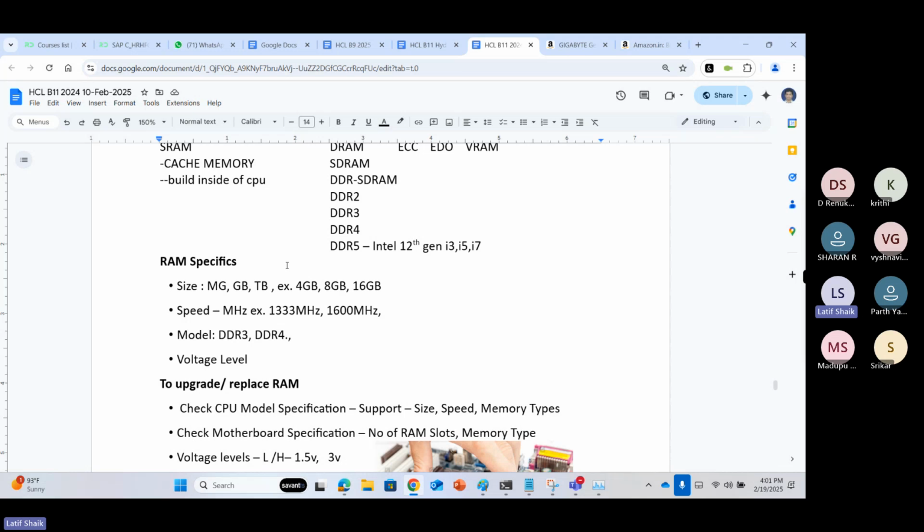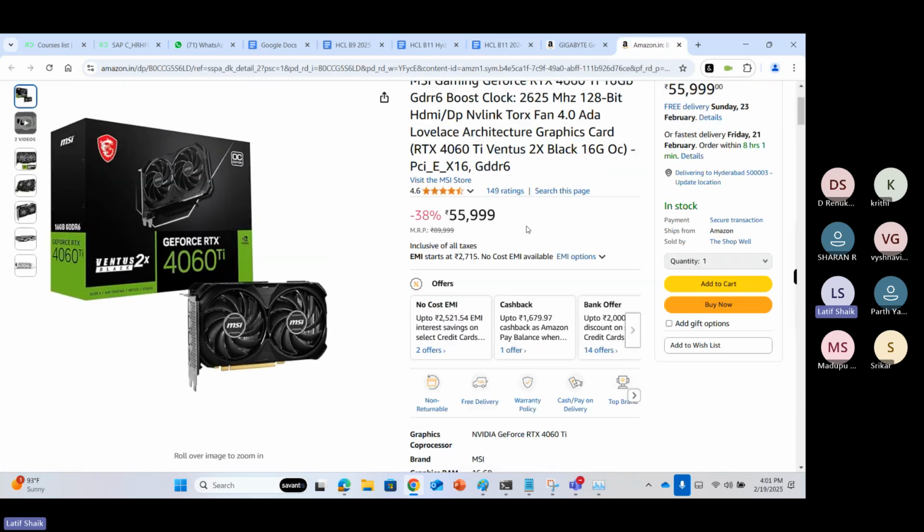Right now in the market, DDR4 and DDR5 are there, not the older ones. And the operating voltage of RAM is also different. Some operate with 1.5 volts only, some require more than that voltage. So when you want to buy a RAM, compulsorily check these.